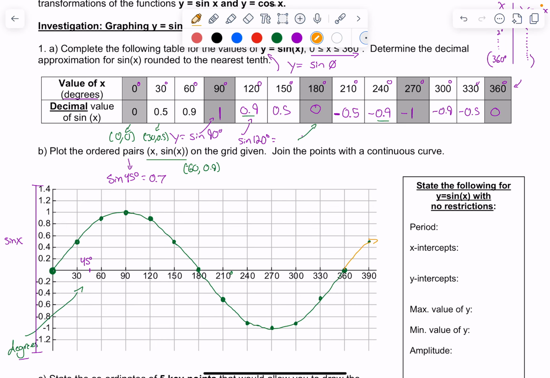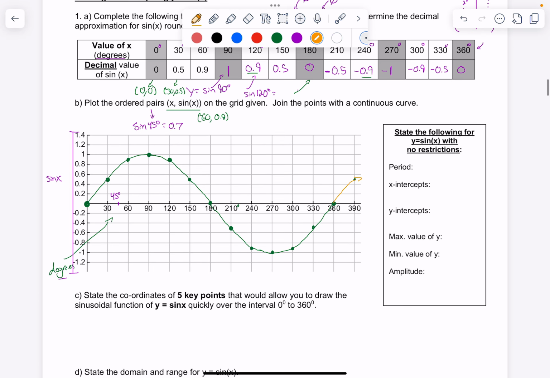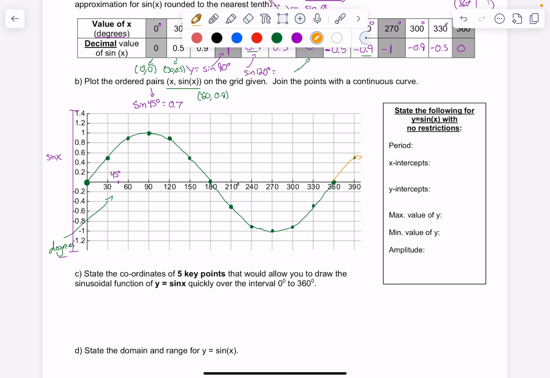All right. So let's look at this graph, okay? And what you have just graphed here, by the way, proper communication, you've graphed y equals sine x. You have chosen values for x going from 0 degrees all the way to 360 degrees, and then you've plotted the y values, the ratios, the outputs.